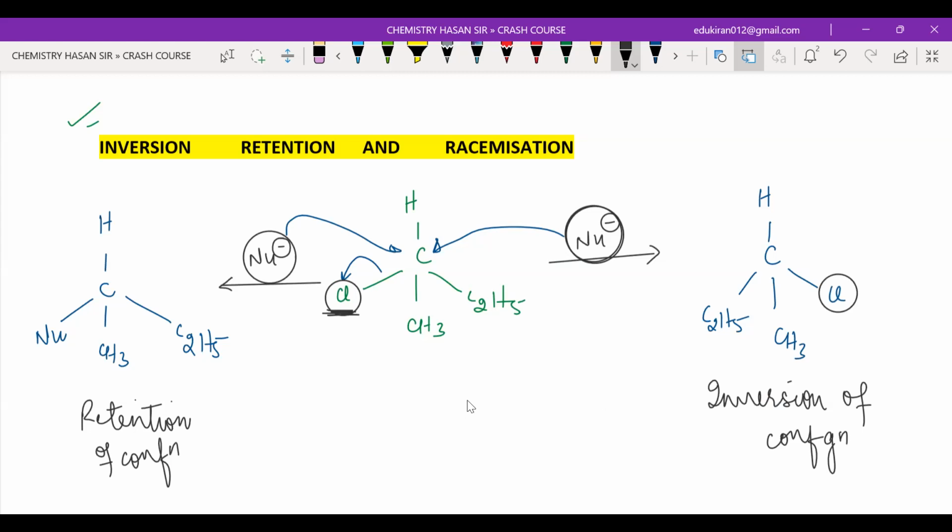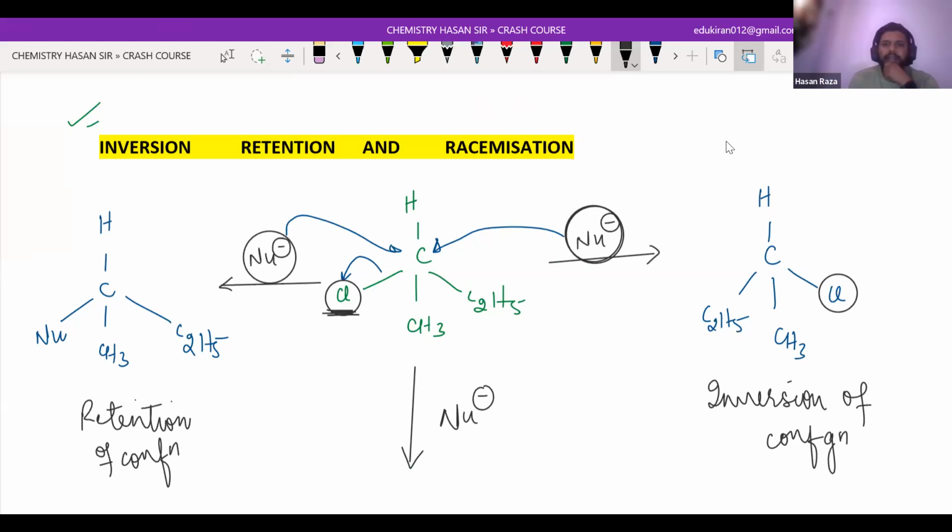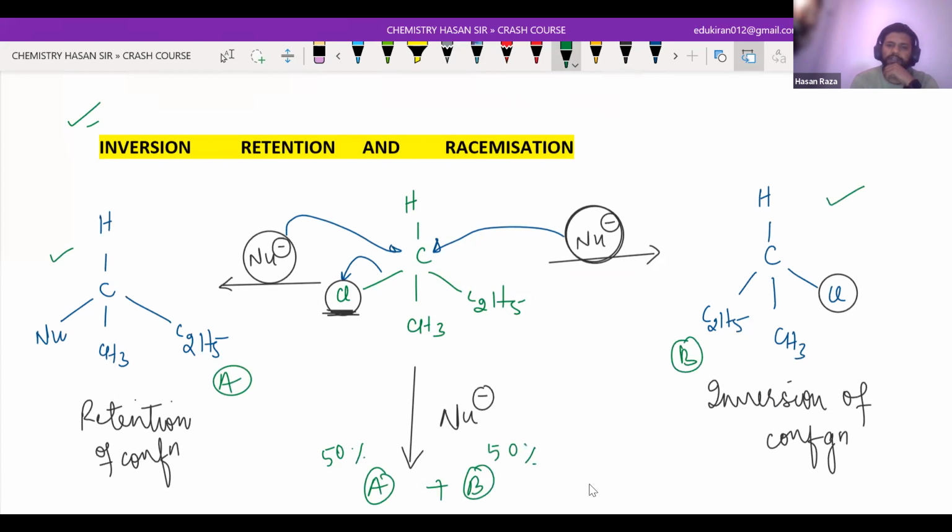Yes, sir. In some types of reaction, like SN1, it can do either this or this. I'm taking this as A and this as B. If you get the products A plus B, 50% and 50%, this is known as a racemic mixture, and the process is known as racemization.